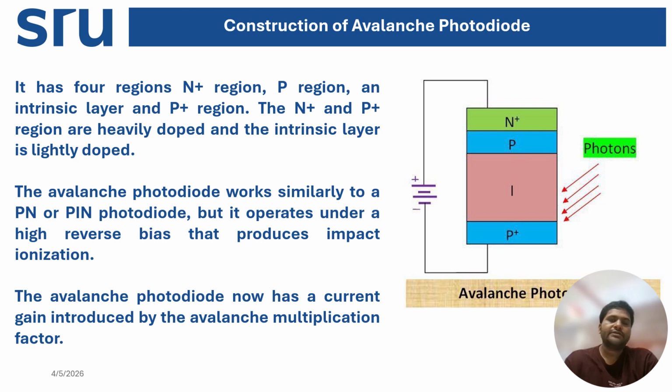In reverse bias, the APD operates under a high reverse bias voltage close to the breakdown region, essential to create a strong electric field. The key design goals: the construction aims to achieve high gain, multiplication factor, low noise, faster response time and efficient photon absorption.